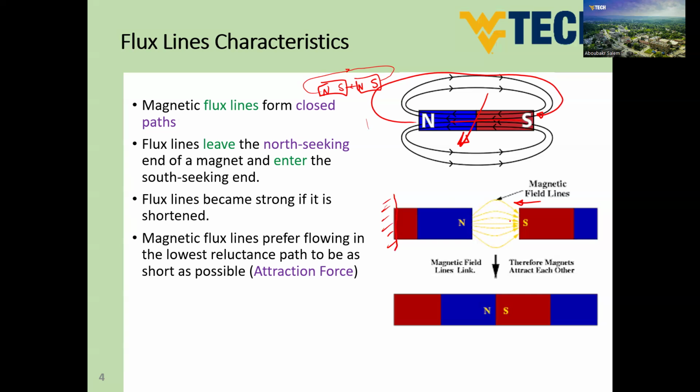We can use it in order to make any kind of motion in our machines. Okay, so this is an example for a linear machine, for instance. Okay, guys. So here we just remembered together the features of the flux lines and what the meaning of flux lines in a permanent magnet is and what the feature of a permanent magnet is. If we break a permanent magnet, it will create two other permanent magnets and so on.